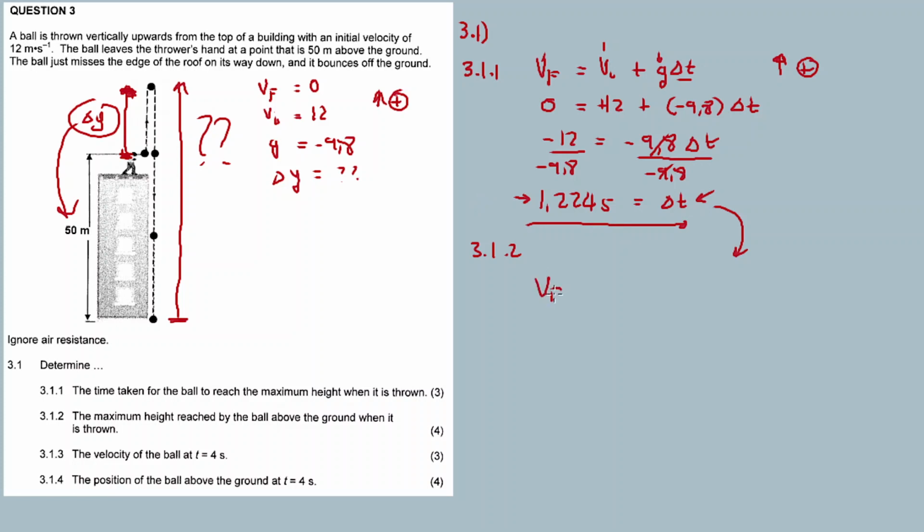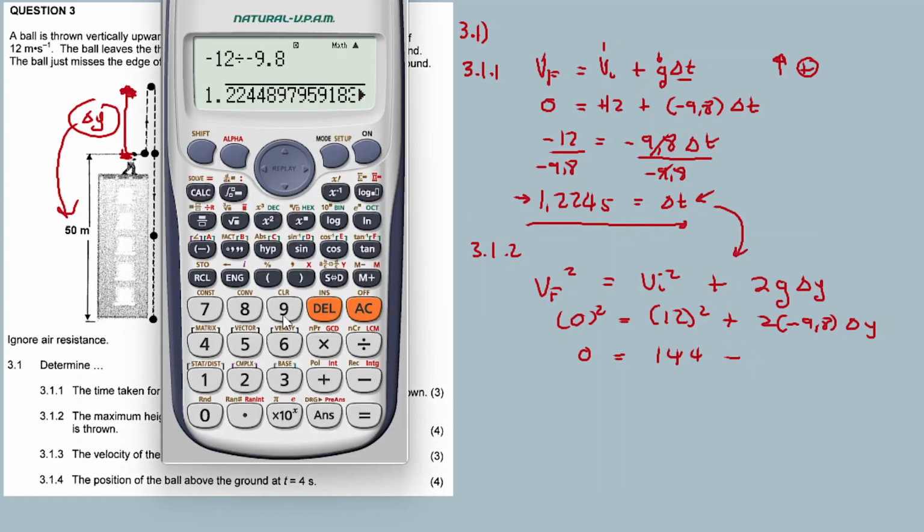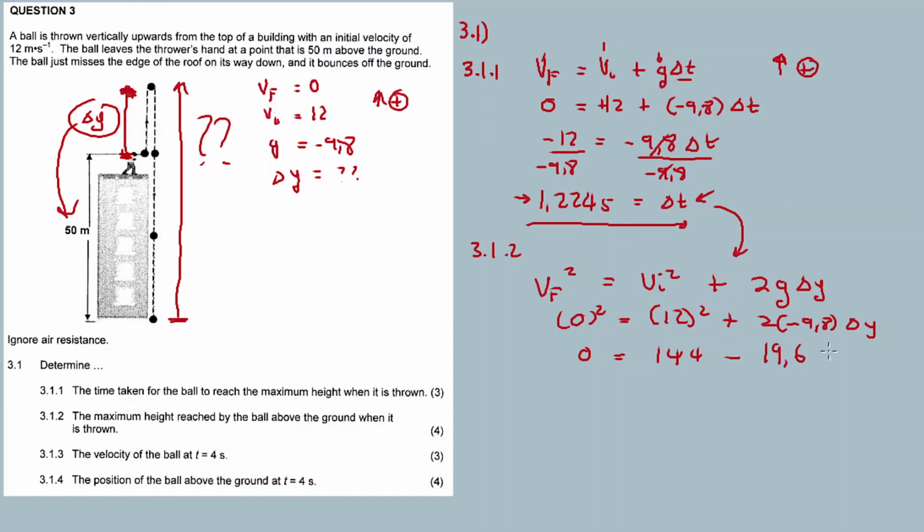This one: v final squared is equal to v initial squared plus 2g delta y. V initial is 12, 2 g is minus 9.8, delta y is unknown, v final 0 squared, 0 here, so it will be 144 minus 9.8 times 2, minus 19.6 delta y, right?